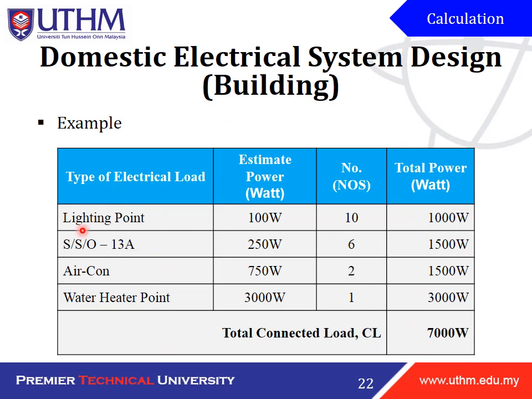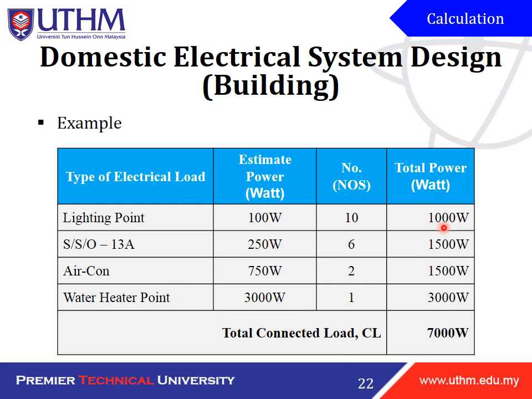So we have the lighting point with 100 watt with 10 nodes. To know the total power, we just multiply the number by the estimated power. We have the value. Same goes for the SSO point, aircon, and water heater point.